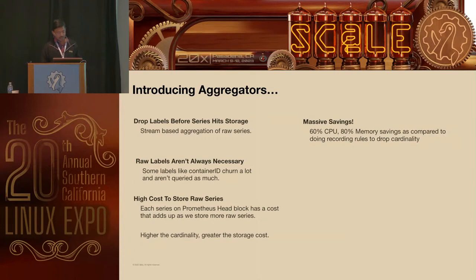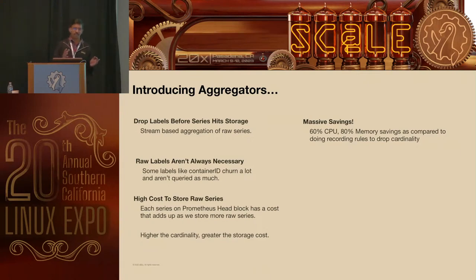And in Prometheus itself, the way that the head block is designed, each unique series has a cost associated with it, which means that the greater the cardinality, the more memory you're going to spend on the head block. By implementing such an aggregation component, the savings that we saw were massive, in the sense that we got 60% CPU and 80% memory savings compared to trying to do the same thing with a recording rule on top of Prometheus.